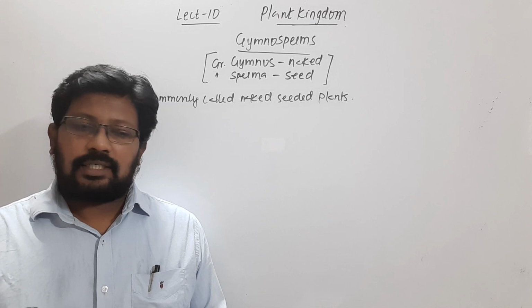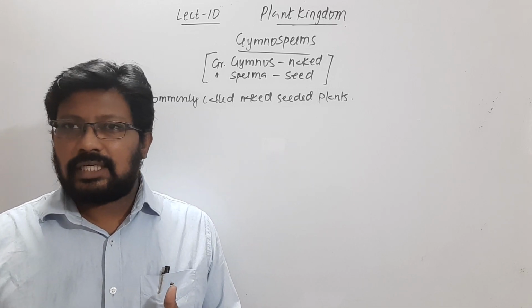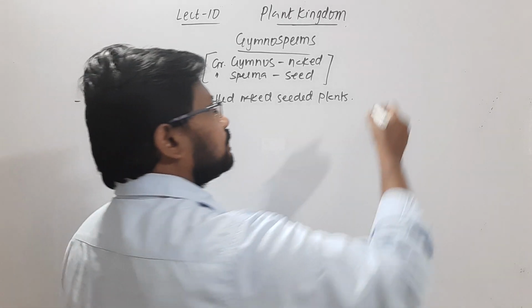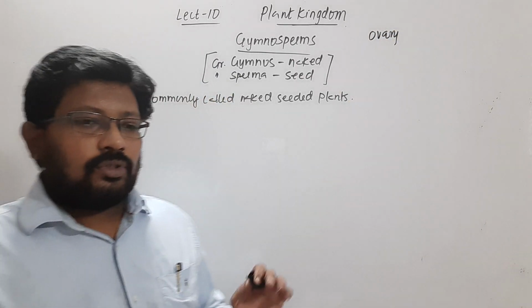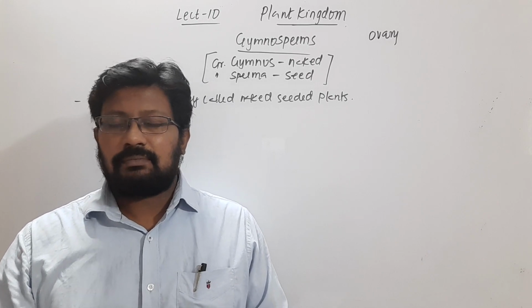So we know that in our earlier sessions we have seen that it is the ovary that develops into fruit. Actually I'm talking about the angiosperm. Most of the plants, whatever you see around you, are all angiospermic plants.